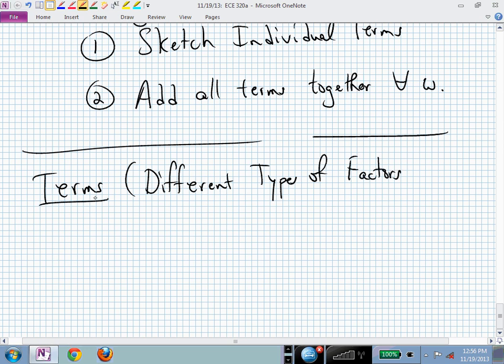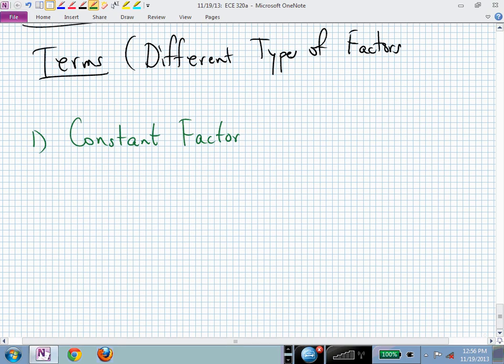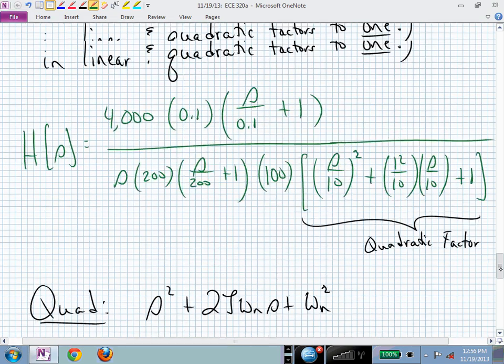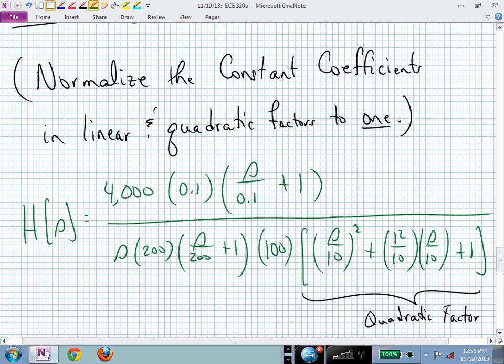Or the different types of factors. First one that we can identify is the constant term, or the constant factor. And that's now not 4,000, it's 4,000 with all of these other pieces that have been pulled out.